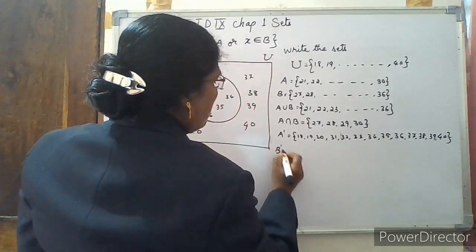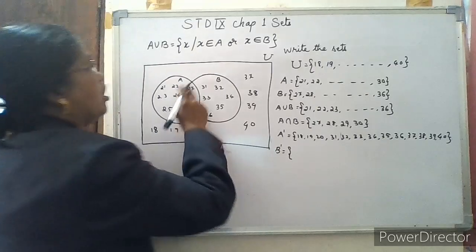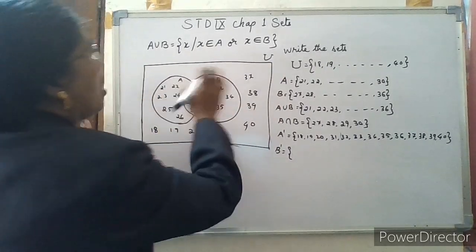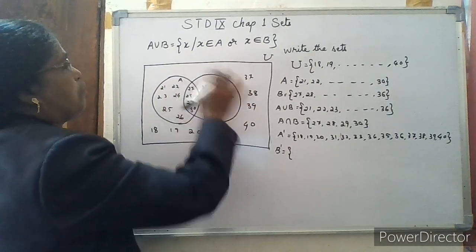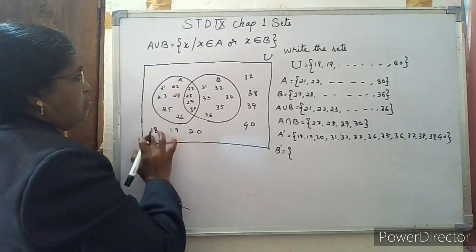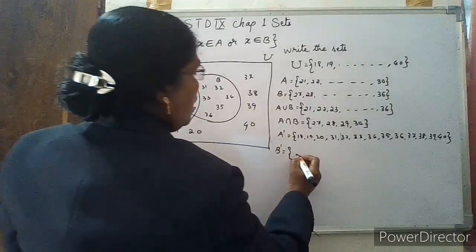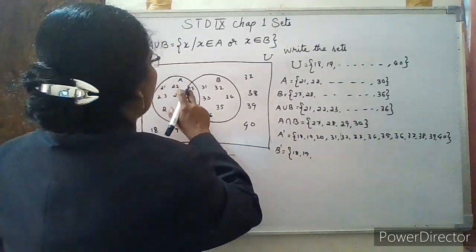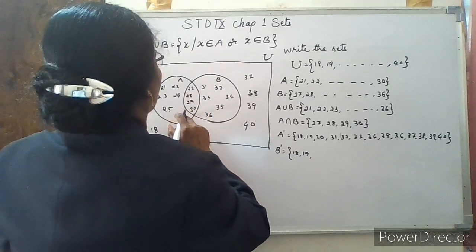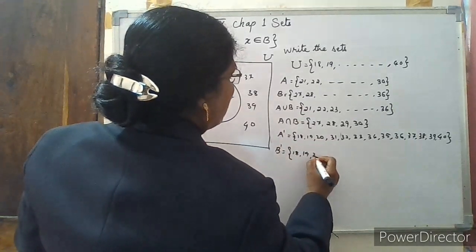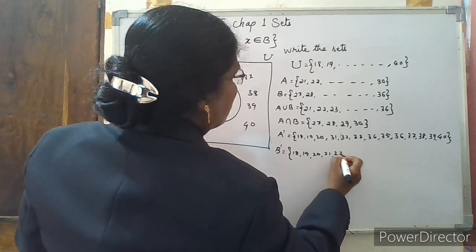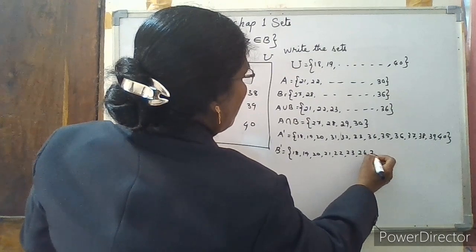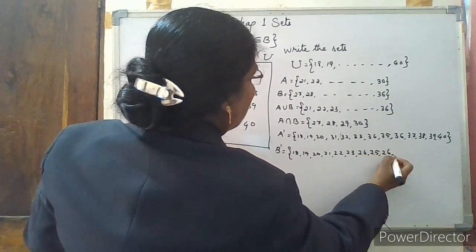Then B complement. Leave off the elements of set B. All the rest of the elements which are outside the circle B. So it starts again from 18, 19, 20, 21 up to 26.